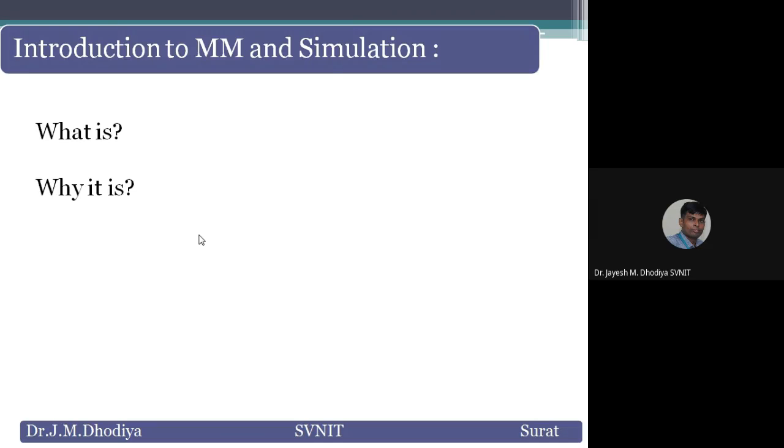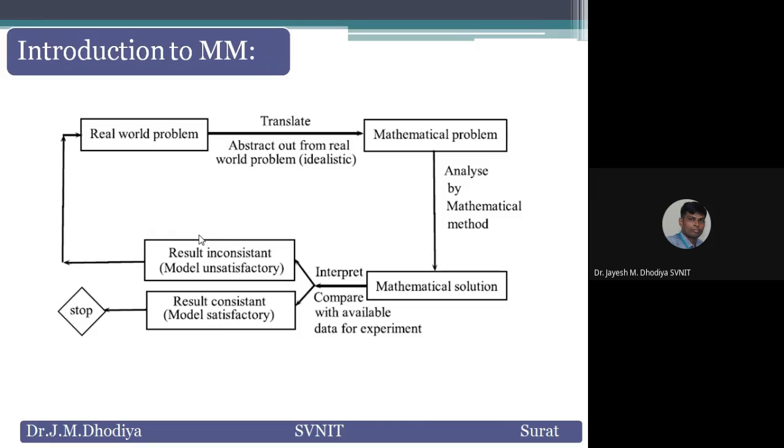And then we move on to multi-objective optimization problems and their formulation in the form of mathematics. So first we think about what a mathematical model is. Many of you are familiar with this diagram. It is a process.